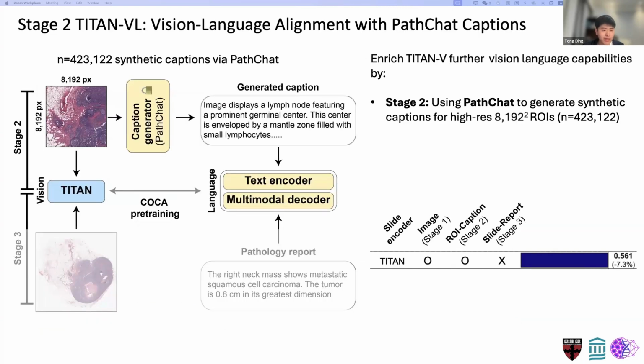Okay, then going beyond that, to enable our model's multimodal capabilities and to continually pre-train Titan with language alignment, we first pre-train Titan with captions generated by PathChat at this 8K by 8K ROI level.